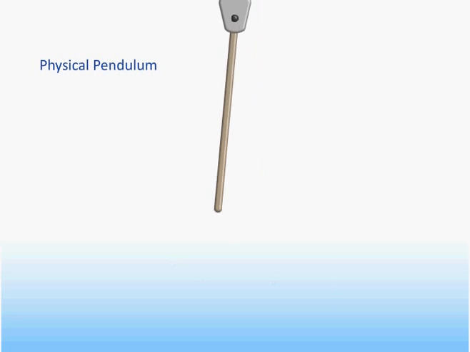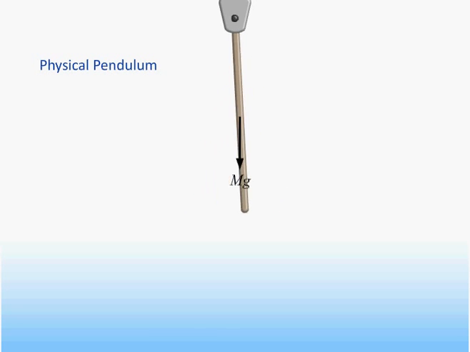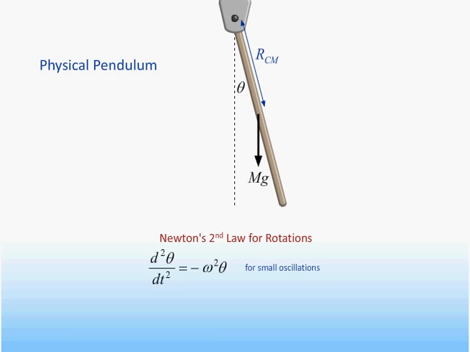Second, we discussed the motion of a physical pendulum, in which an object hung from a frictionless pivot executes oscillations that are determined by the restoring torque that is provided by the weight of the object itself. Applying Newton's second law for rotations, we found that the motion could be described as simple harmonic motion in the limit that the angular displacement of the object from vertical is small.